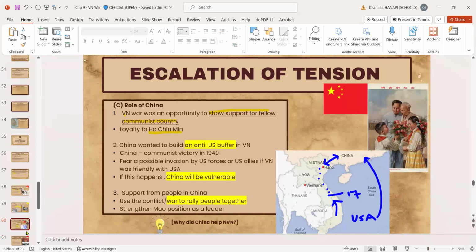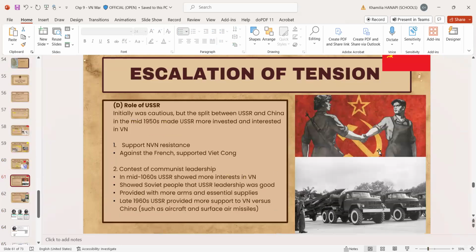Now, moving on, you also have the role of the Soviet Union. Why was the Soviet Union involved? I mean, the Soviet Union seems to be so far away. But the whole idea was that Vietnam was an important communist country that was fighting a lot of other countries. So that is why the Soviet Union was supporting Vietnam.